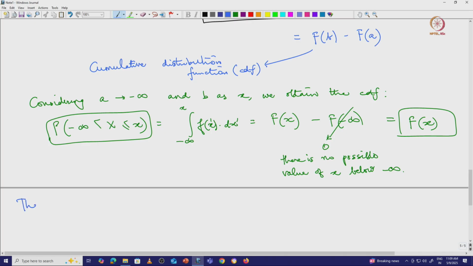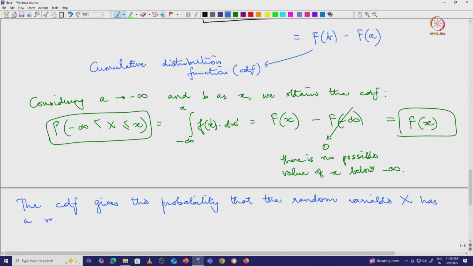So the CDF gives the probability that the random variable capital X has a value less than or equal to the argument of the CDF, basically x.